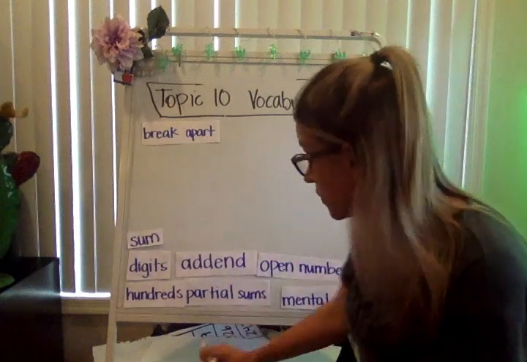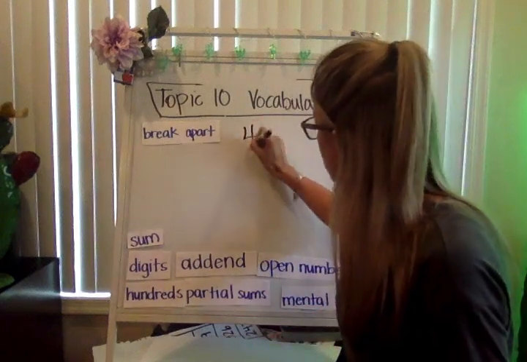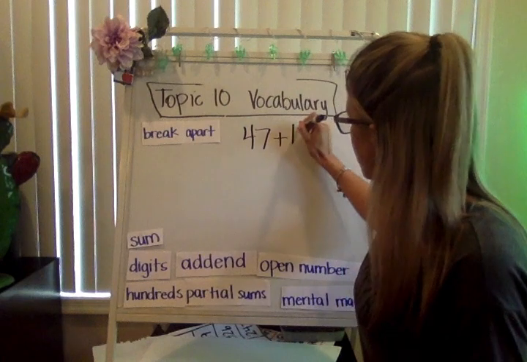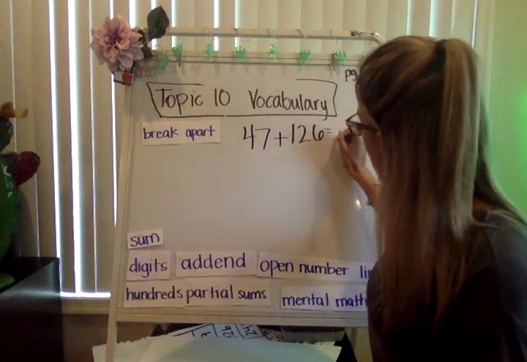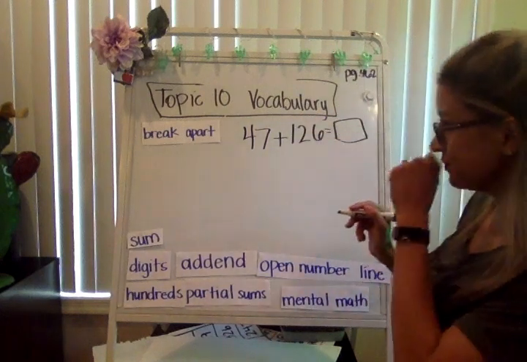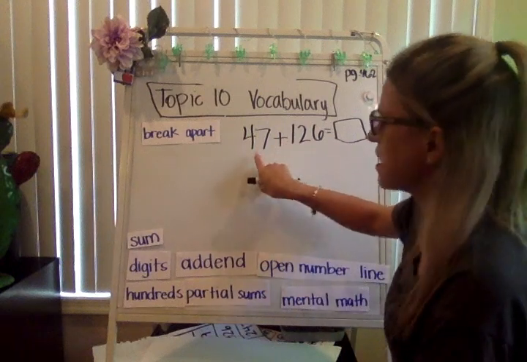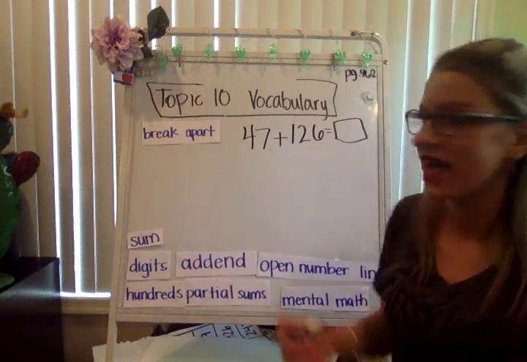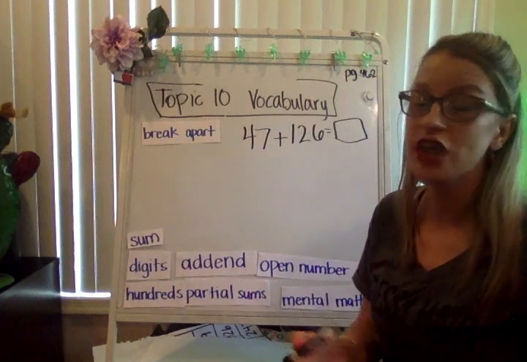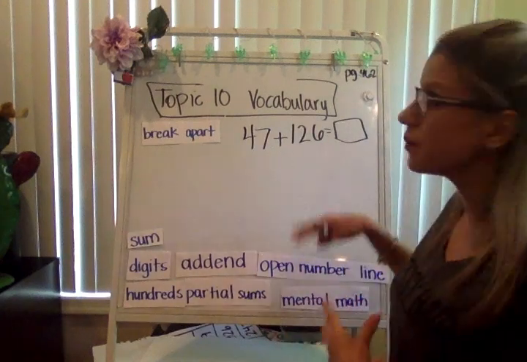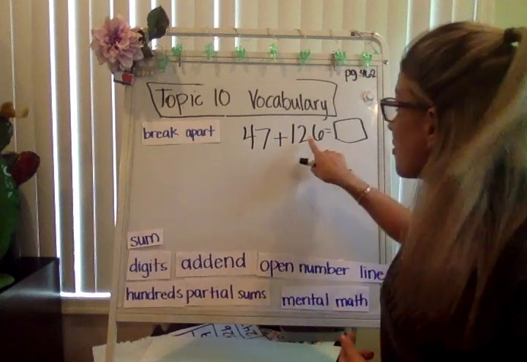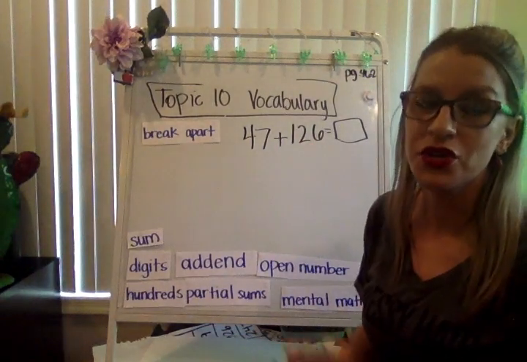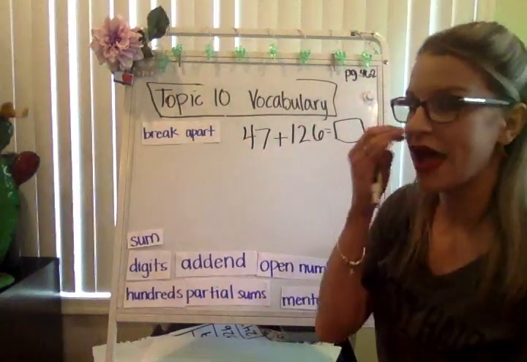So, new problem. 47 plus 126 equals something. Excuse me. So when I look at this number, 47, I notice that it needs 3 more to get to the next 10. For break apart, you try to think, okay, how could I break apart the other number, the other addend, in order to make this a happy number at 50?